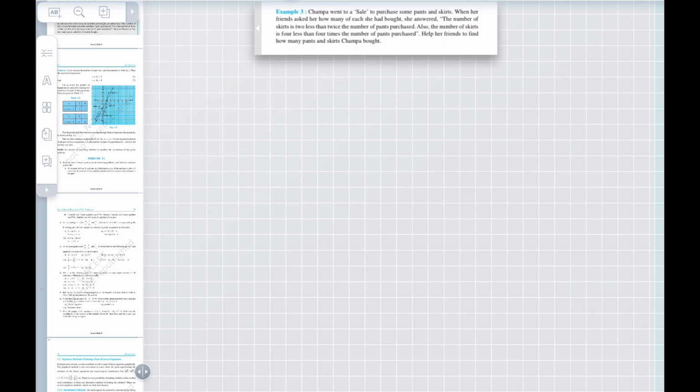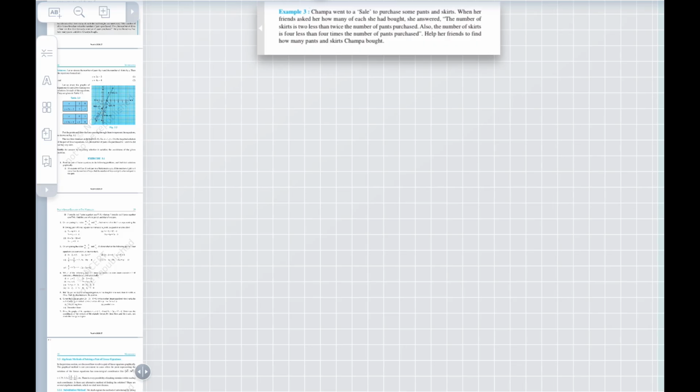So let us write the solution. Understand the two statements here. The number of skirts is 2 less than twice the number of pants purchased. And the second statement, the number of skirts is 4 less than 4 times the number of pants purchased.